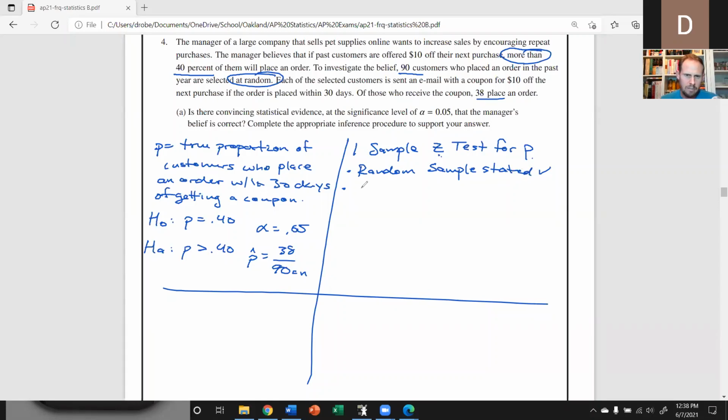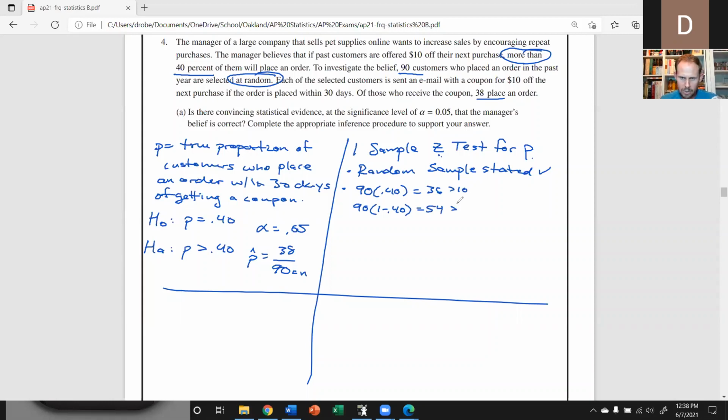That's plenty. For the normal condition, we want n times P, P naught, this is the P that we use. So we use 90 times 0.40 and 90 times 1 minus 0.40. That's 36, and this would then be 54.